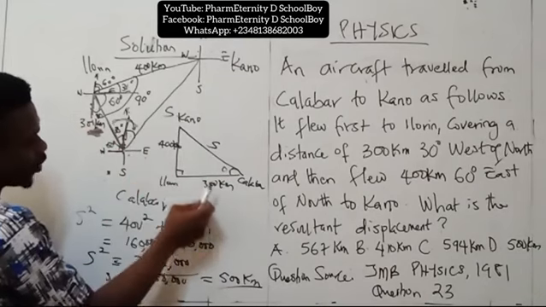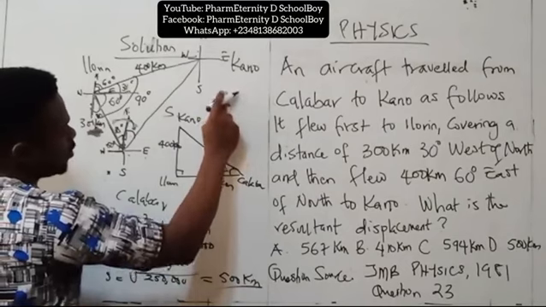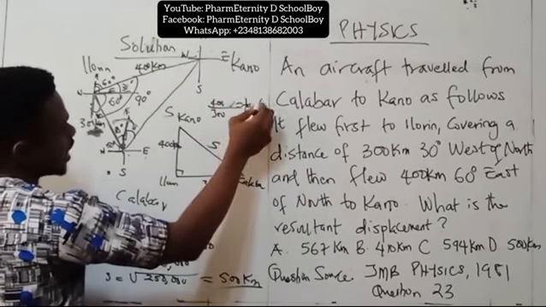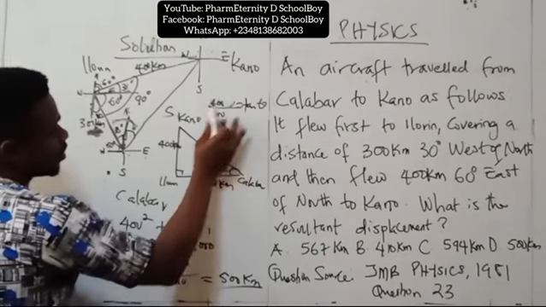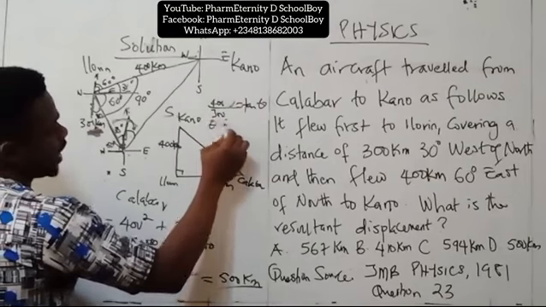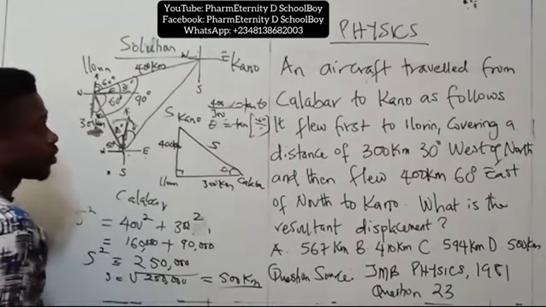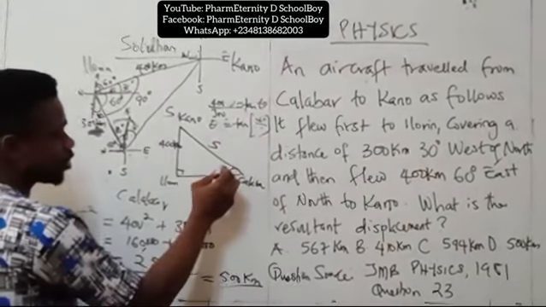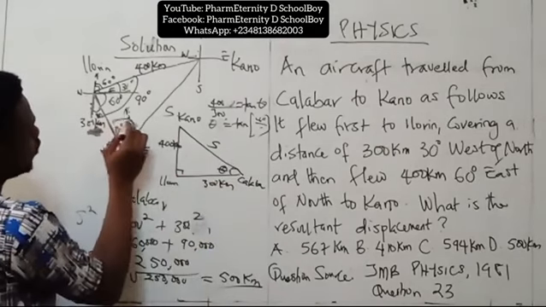So 400 over 300 is equal to tan theta. We do the tan inverse of 400 over 300, and whatever we get from that gives us this theta.